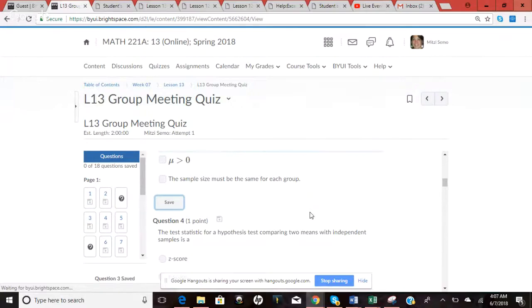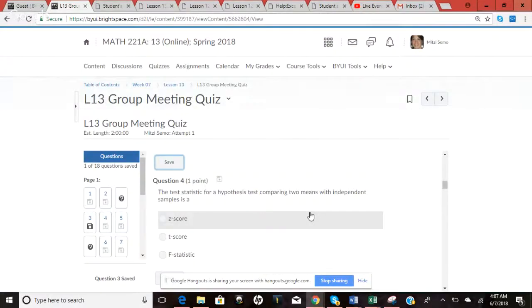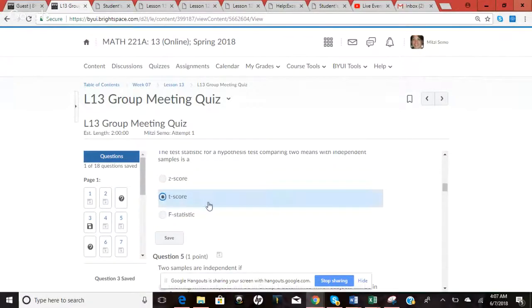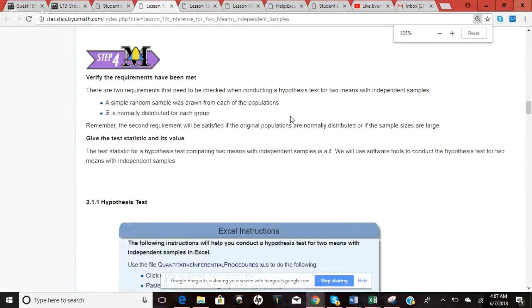The test statistic for a hypothesis test comparing two means with independent samples is a... I think it's a T-score because that's what we find on the Excel. Yeah, I don't want to think too much into it, because the T-score is what we usually get.